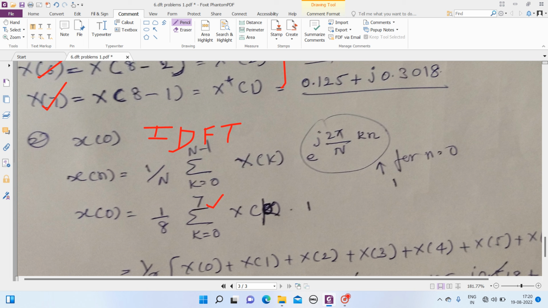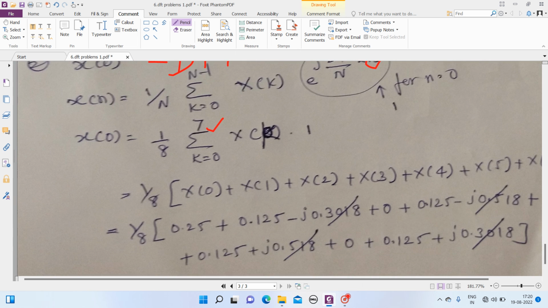K varies between 0 to capital N minus 1. X of k, and I have written 1 here because the n value is 0. If you multiply k with 0, we will get 0 only, right? I have already explained in detail how to find this exponential function, we get 1. After that we just substitute: x of 0 plus x of 1 plus x of 2, x of 3 up to x of 7.